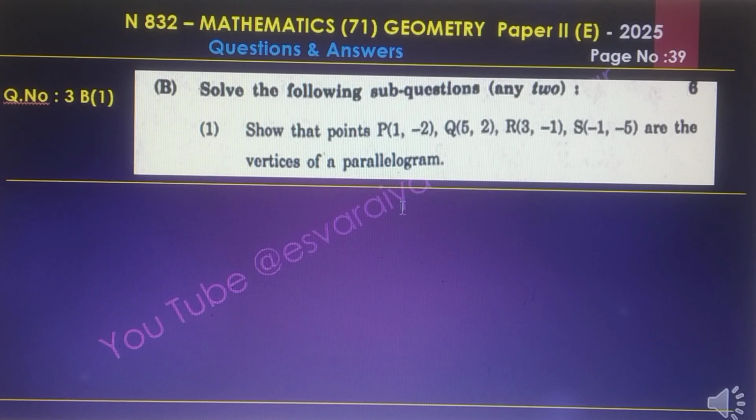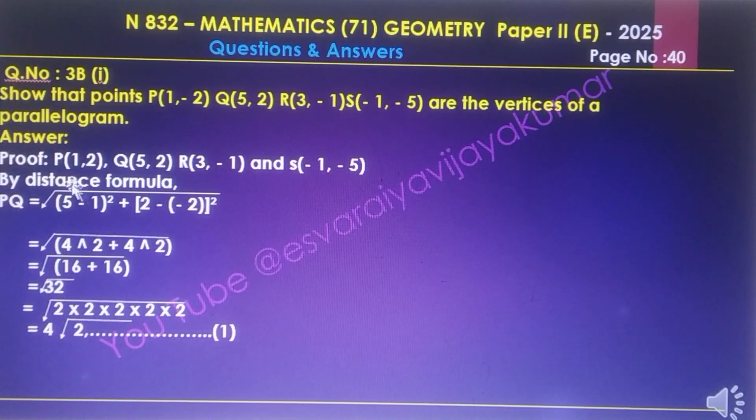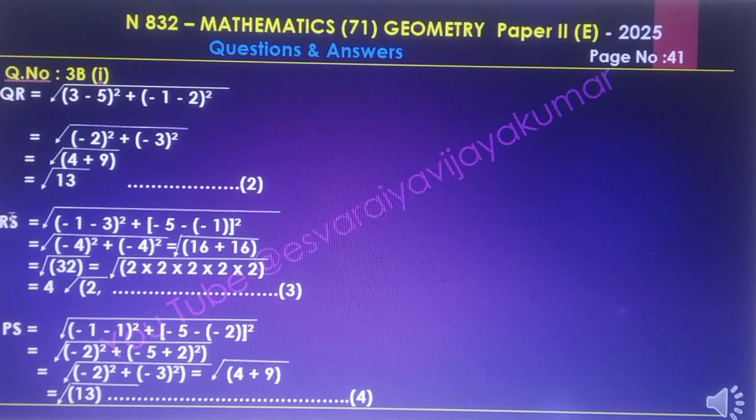The points P(1, -2), Q(5, 2) and R(3, -1), S(-1, -5) are the vertices of a parallelogram. Here is the proof: we are getting the PQ value 4 root 2. In the same way we find QR, RS, PS.